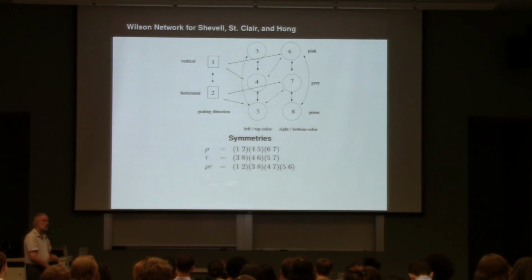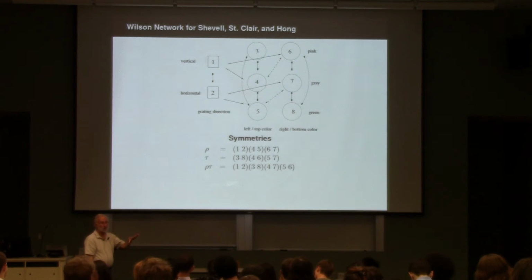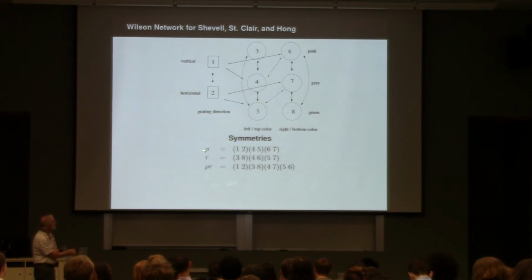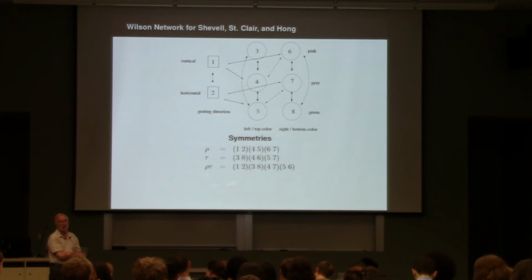Now, suppose that you have a Hopf bifurcation from a synchronous solution, as synchronous as possible. If rho, or 1, 2, acts trivially, then the phase shift between 1 and 2 will be 0. That is, you'll have a fused state. So rho must act non-trivially in order to get a non-fused state.